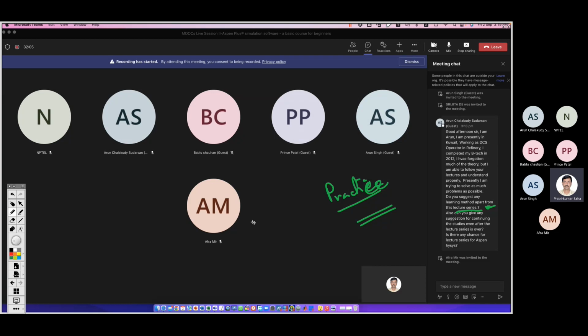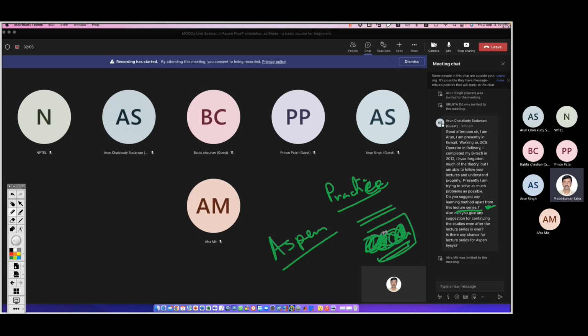So the only bottleneck is that you have to have Aspen with you, because as far as this session is concerned, after October, when your exam will be over, immediately after that, this license will not be accessible to you. So you have only up to 24th October or something like that. I forgot the date of your exam.